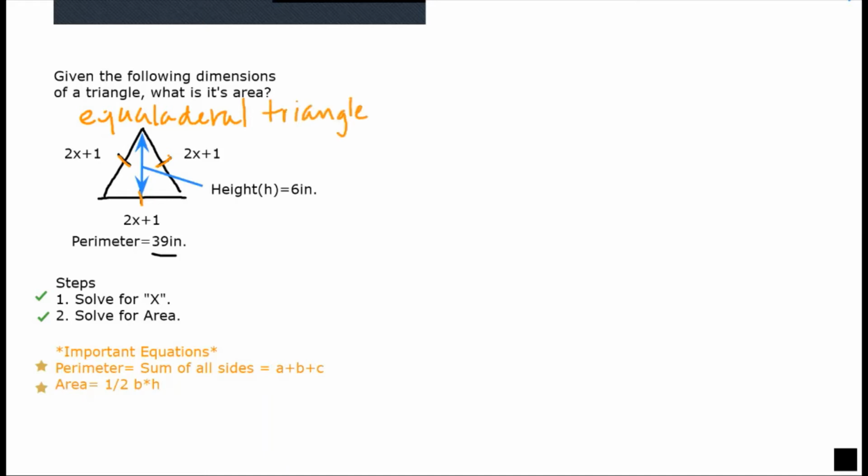So what that means, each side is the same. This is going to be side A, side B, and side C. Each of these sides, A equals B, is equal to C. Equilateral triangle.